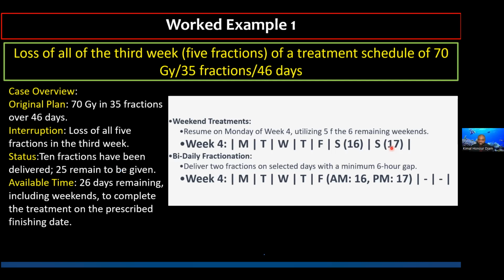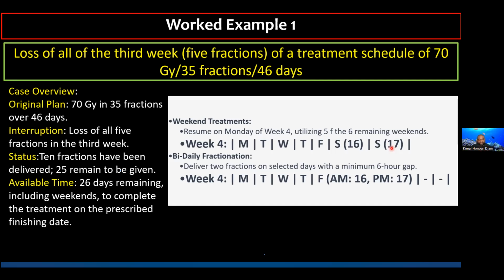Now, another alternative that could be considered would be a BID or bi-daily fractionation. Instead of coming in on the weekends to treat, another approach could be that we could deliver 2 fractions on 5 of the remaining 20 days.